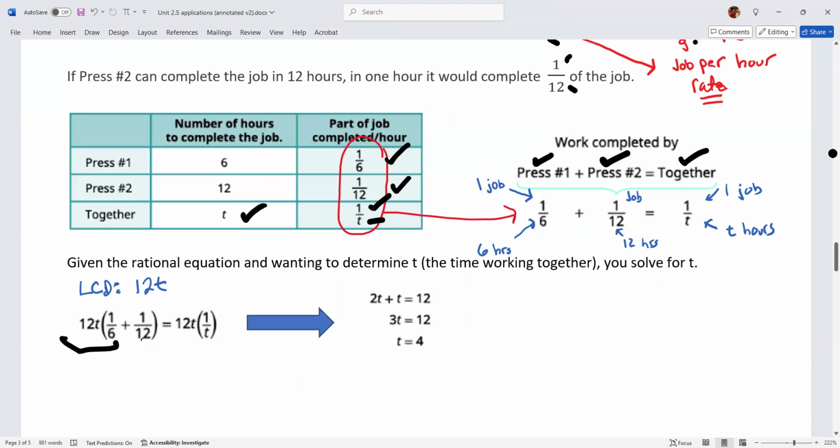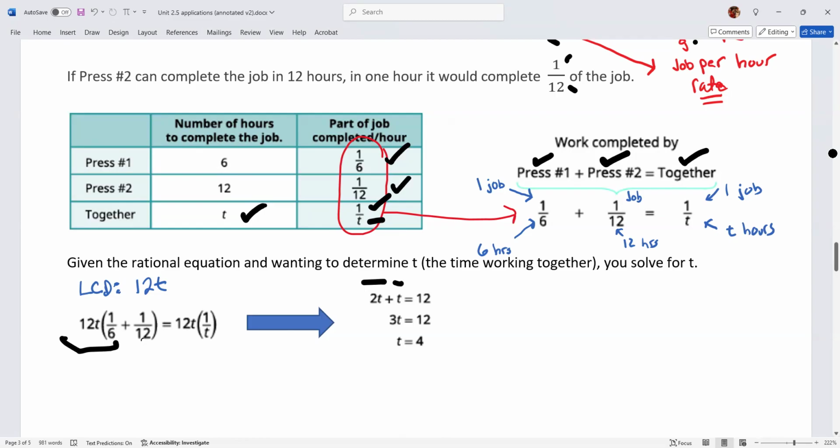So 2T times 1 gives me 2T, which is right there. And then if the 12T multiplies the 1/12, the 12s will cancel out, leaving me just T times 1, which is just T.